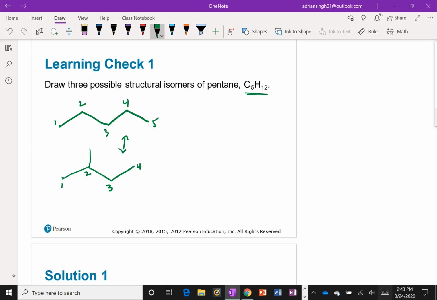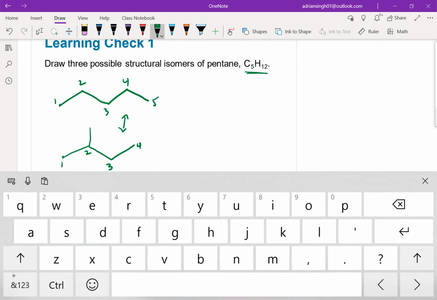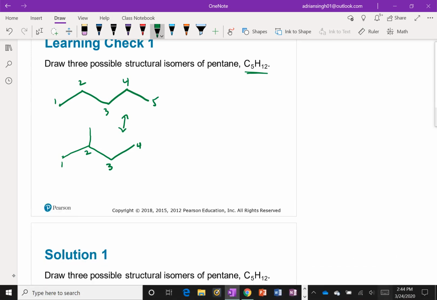Is there another possible structural isomer of pentane? Well, what if I shorten my carbon chain by 1? So instead of having 4 in a row, maybe I have 3 in a row. So 1, 2, 3. And I can put 1 carbon here on that center carbon, and then maybe another one.